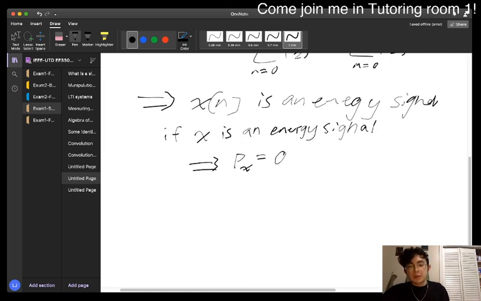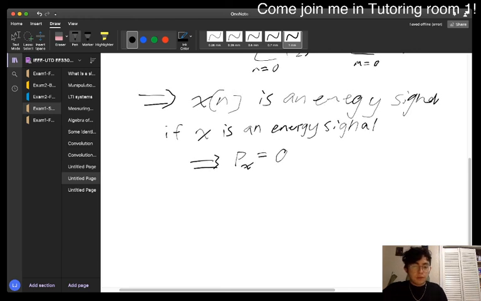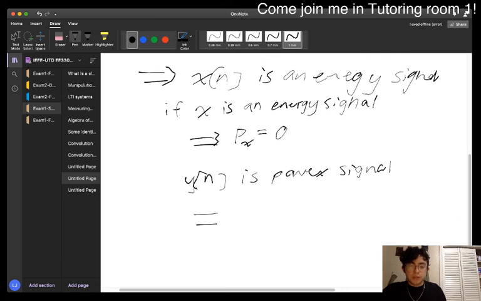And also, if we have some other function y, and if this one is a power signal, then the energy is going to be infinite.